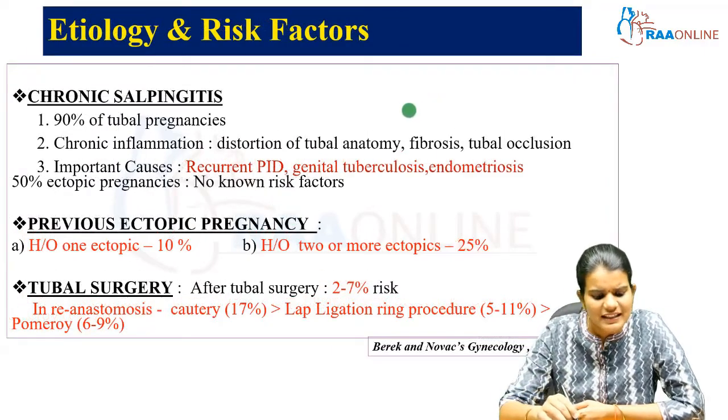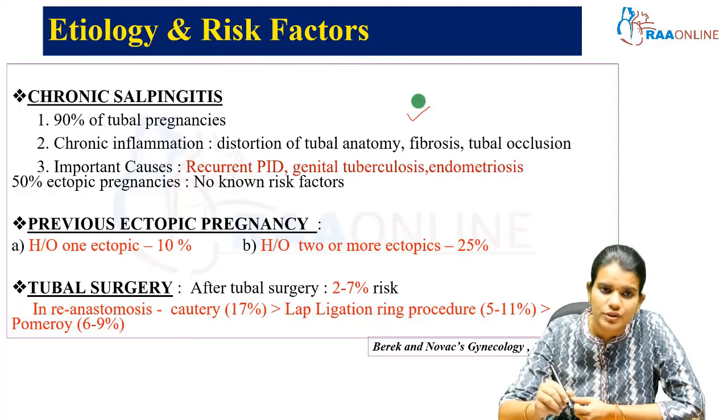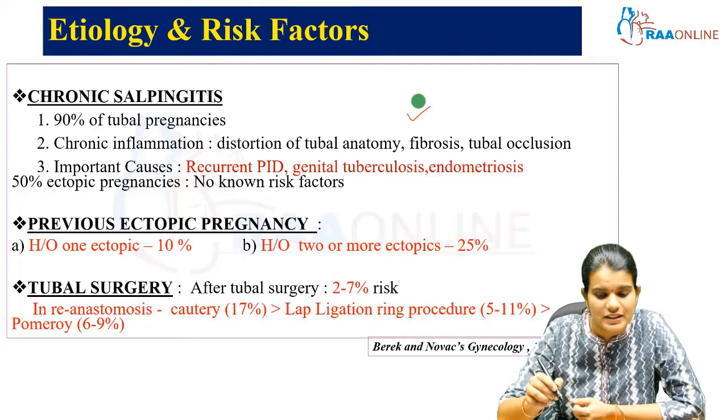The classical factors which people are usually taught in post-graduation are PID, chronic salpingitis, chronic inflammation or distortion of the tubes, fibrosis, and tubal occlusion, and the important causes of these tubal pathologies are recurrent PIDs.